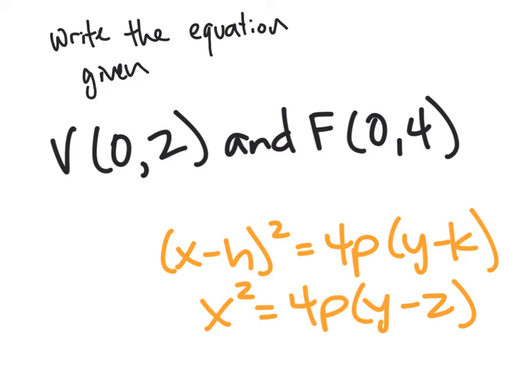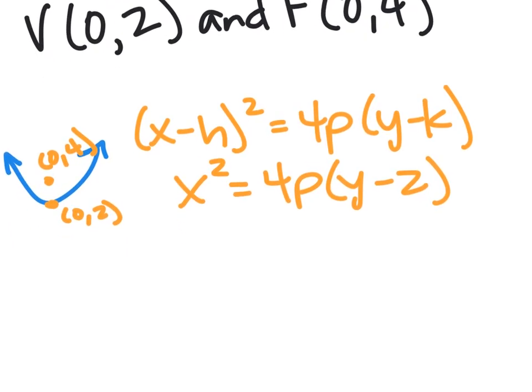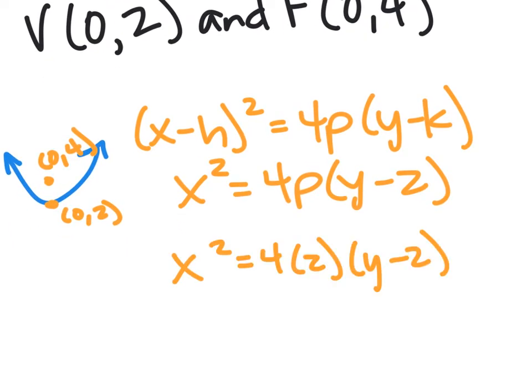The only thing I really need to fill in here is, what is 4p? Well, p is the distance from the vertex to the focus. If you draw a quick sketch, you can see that the focus is 2 away from the vertex. So we're going to replace p with 2. This leaves us with x² = 8(y - 2).